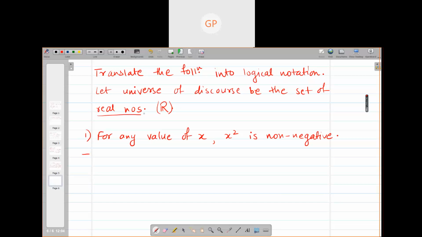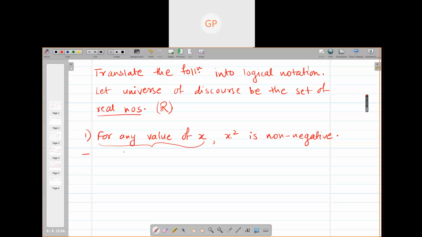Because x can be 0. X can be 0 and its square will be 0, and therefore it is not positive. So you can say non-negative. So how will you translate this into symbols? For any value of x means what?